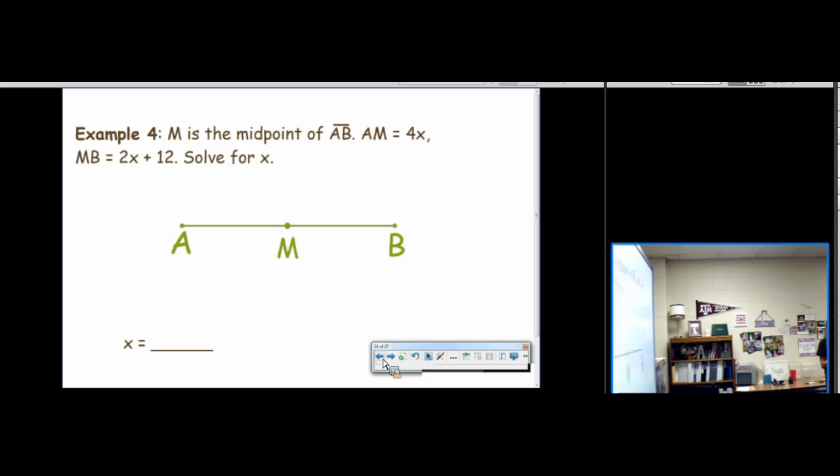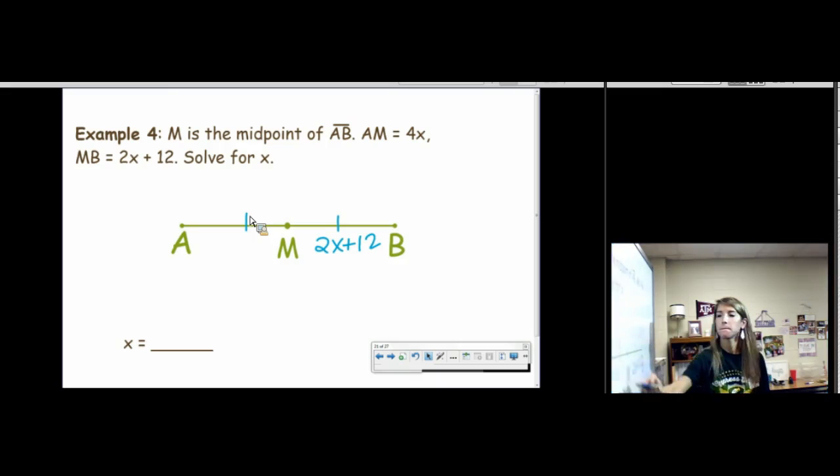Jonathan, midpoint problem or segment addition problem? Midpoint problem. Tick mark, tick mark. Trinity, were we given half and half or half and whole?